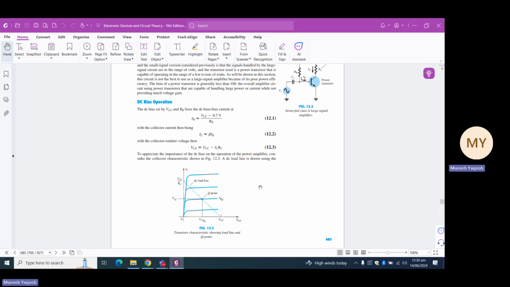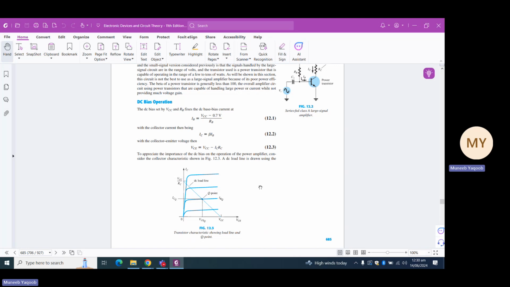And then we will draw the load line using equation 12.3. How can we draw the load line? It is very simple. In equation 12.3, if we put IC equals 0, then we will get VCE equals VCC. So one point will be (VCC, 0), that is on the x-axis, the VCE axis.